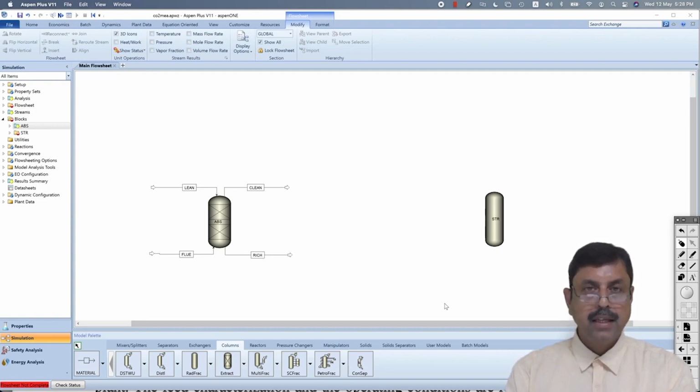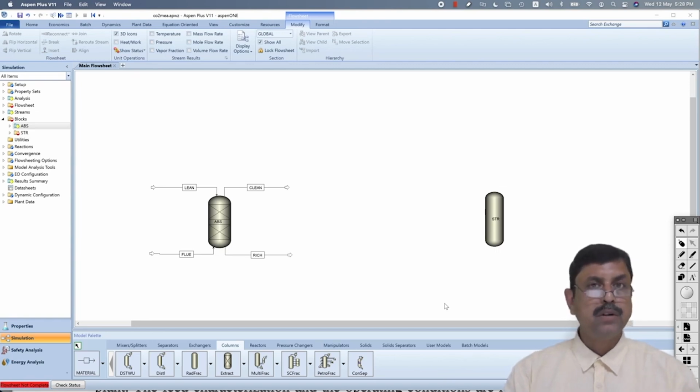Now, as we have to do such type of changes in the condenser and reboiler output, we cannot use the condenser and reboiler integrated with the column, because the condenser and reboiler which are integrated with the column has its own configuration which we cannot change. So we shall use two flashes, one at the top, another at the bottom. The top flash will be regarded as the condenser and the bottom flash will be regarded as the reboiler.